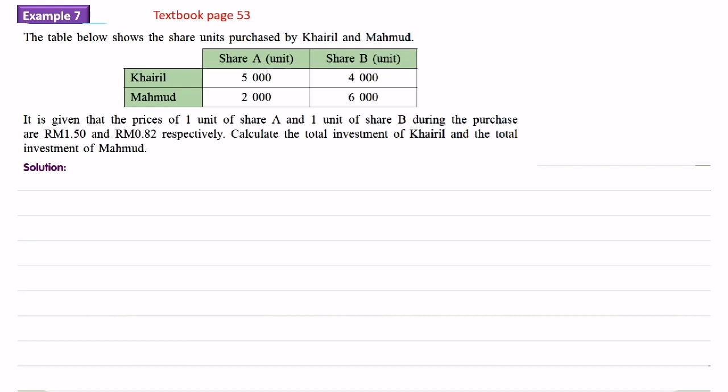Example 7. The table below shows the share units purchased by Kyril and Mahmoud. It is given that the price of 1 unit of share A and 1 unit of share B during the purchase are 1 ringgit 50 cent and 82 cent respectively. Calculate the total investment of Kyril and the total investment of Mahmoud.